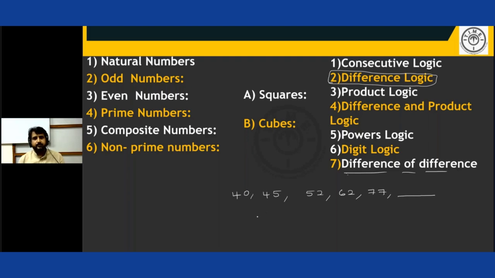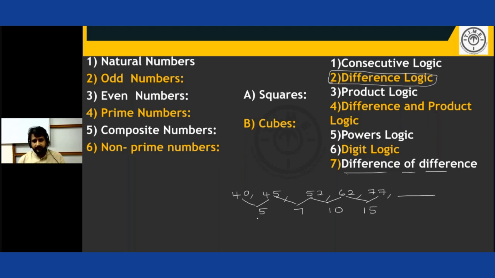What is the next number in the series? 40, 45, 52, 62, 77. 40 and 45 difference is 5. 45 and 52 difference is 7. 52 and 62 difference is 10. 62 and 77 difference is 15.